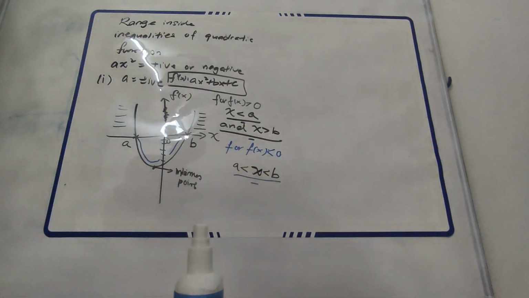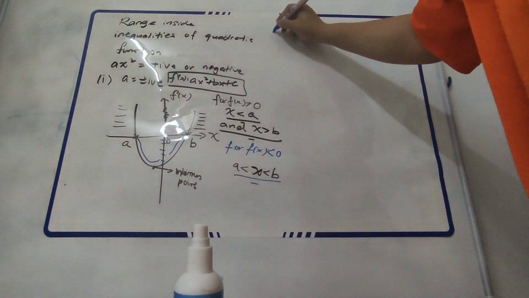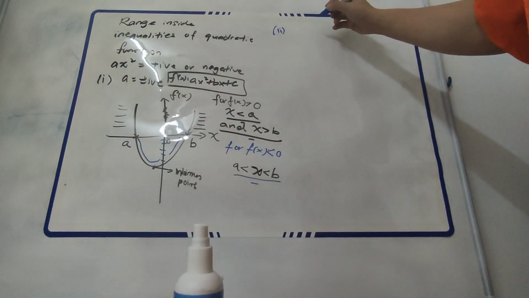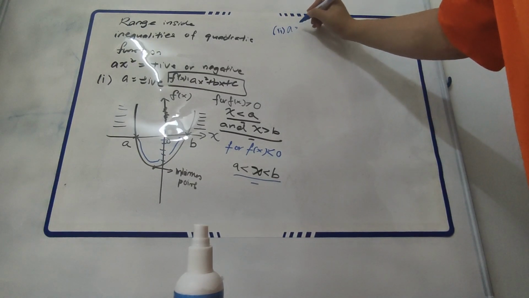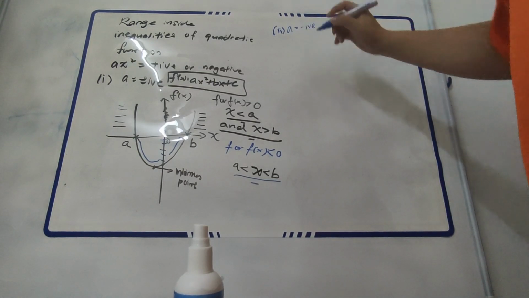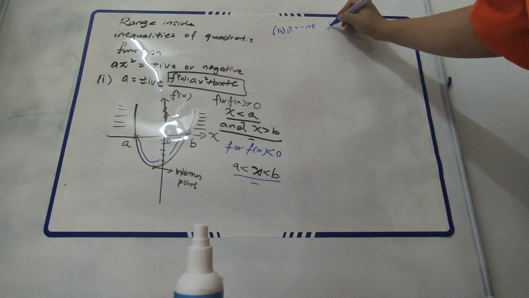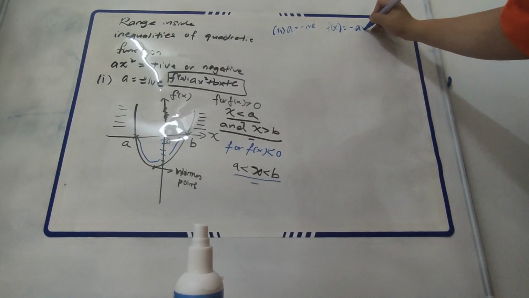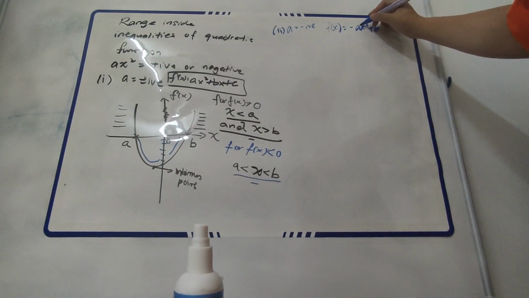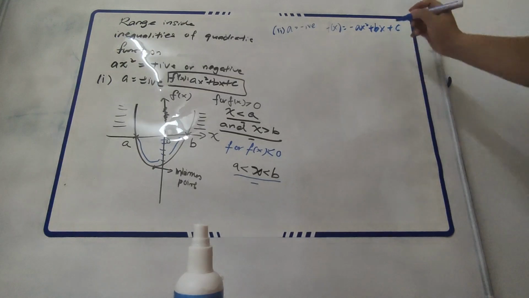Okay, so now let's say you have a second case, where the a for the x squared is negative. Let's say your f(x) equals minus ax squared plus bx plus c.